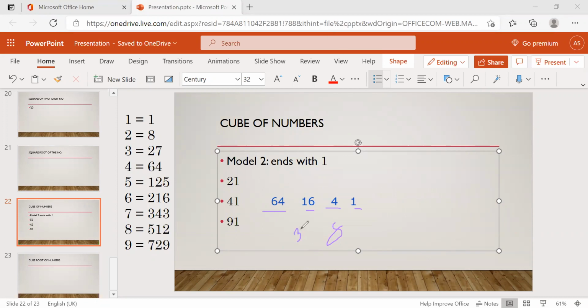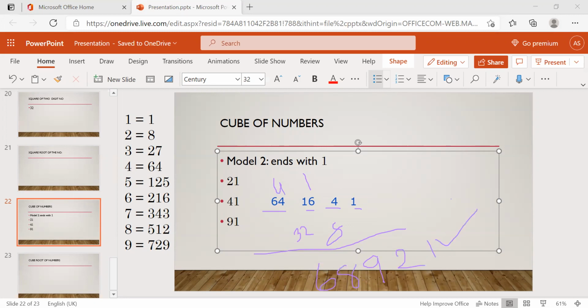Separate. Then add: this 1, 8 plus 4, it is 12. 16 plus 32, 48 plus 1, 49. 64 plus 4, 68. So this will be the answer.